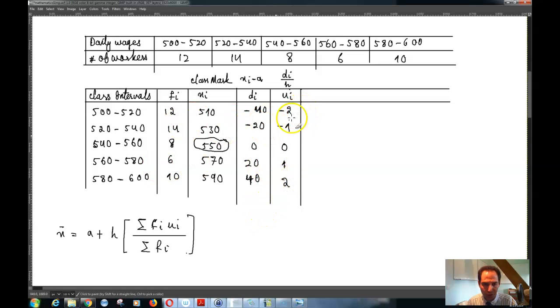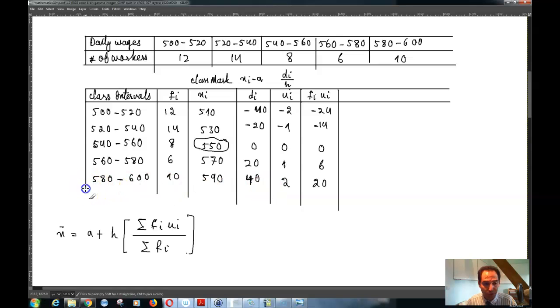Now the numbers are small, and if I want to calculate f of i times u of i, that would be 12 times negative 2, 14 times negative 1, and so on. So now I can write negative 24, negative 14, and this would be 0, and 1 times 6 is 6, 2 times 10 is equal to 20.